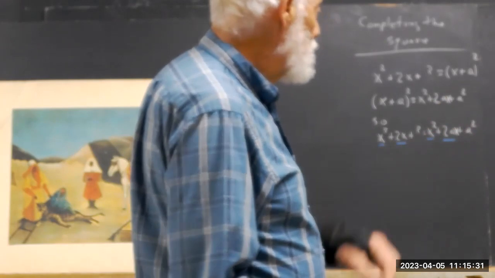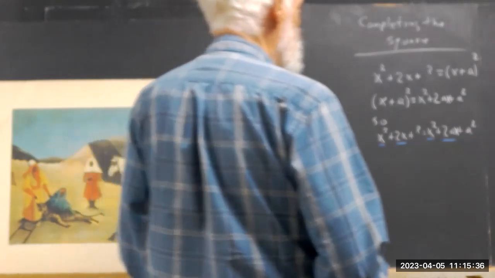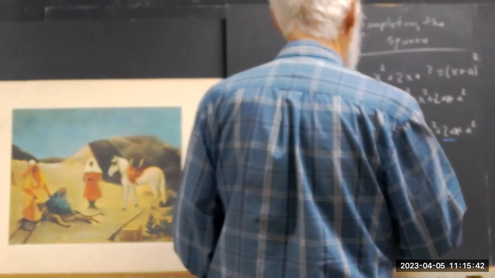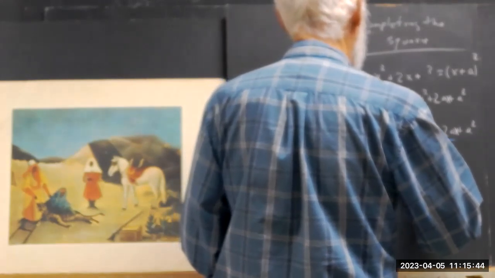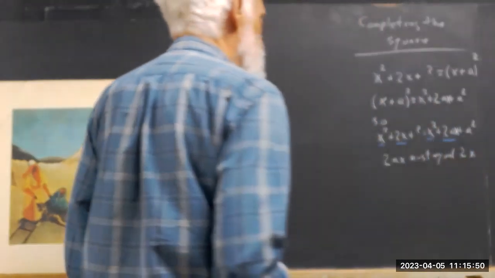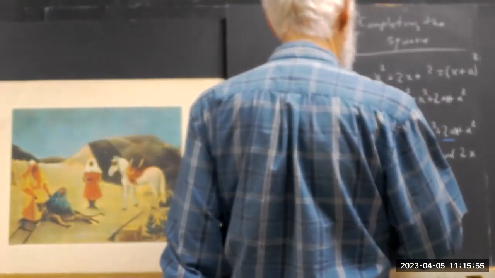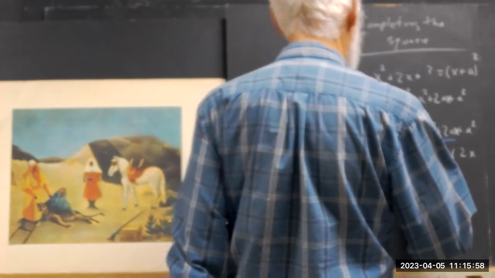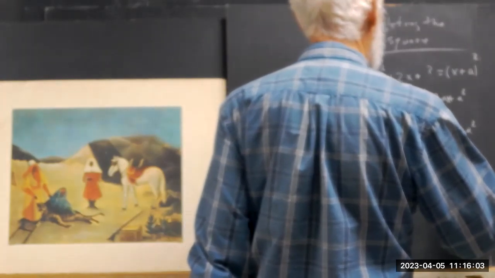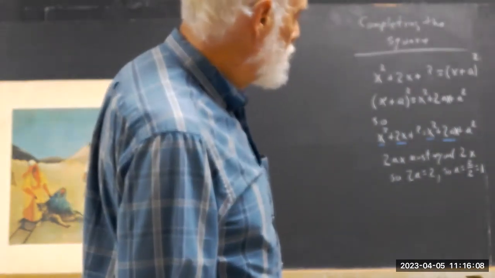If this matches up, then 2ax must equal 2x, so 2a equals 2. So a equals 2 over 2, which equals 1.